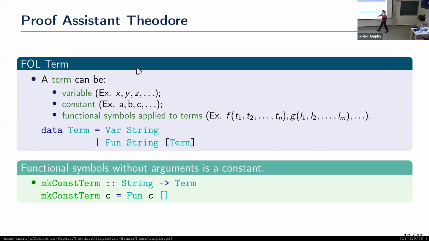We can encode it in Haskell, just saying that a variable is some string and the function is some string, and then a list of terms. For the constant, we can just say that constants are functional symbols that have 0 arguments.